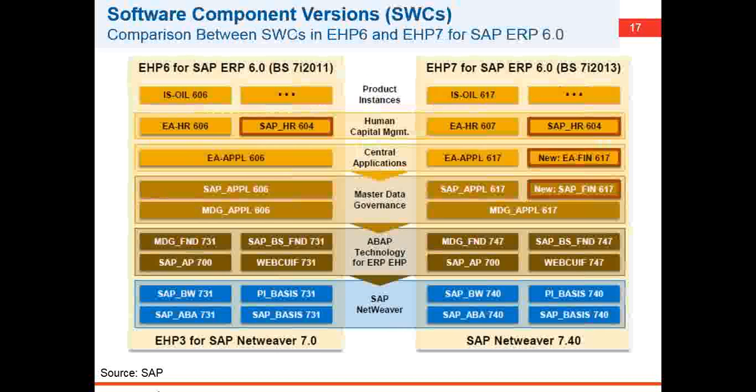All right, this one is extremely important. For those of you that might have a BW instance that was built as a dual stack, in other words, you have an ABAP and a Java, both built in the same instance in the same database, as of Enhancement Package 7 or Business Suite 7 Innovations 2013, SAP is no longer supporting a dual stack configuration.